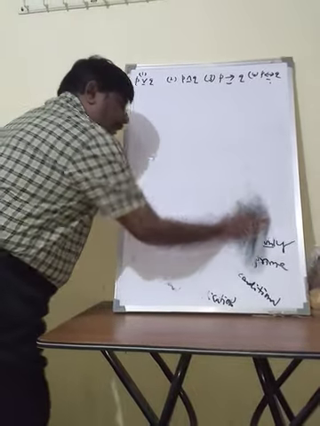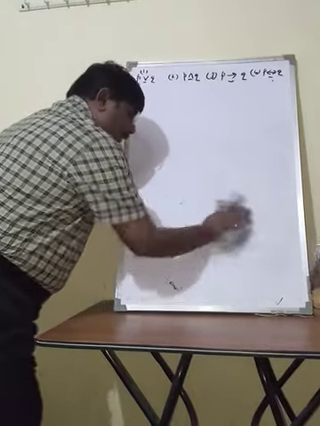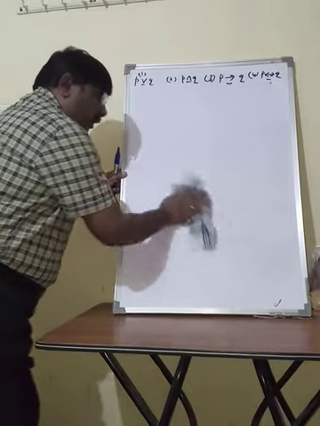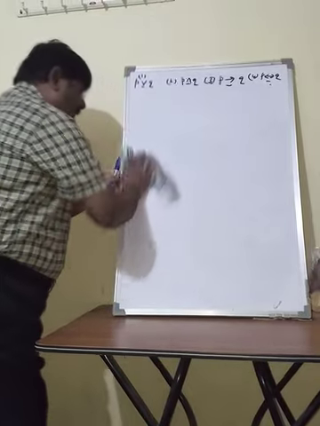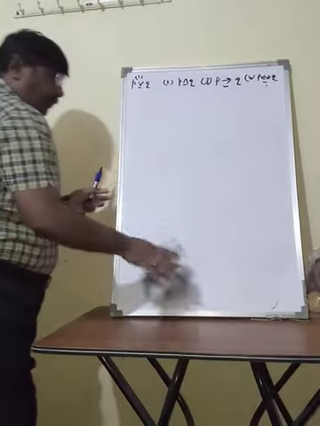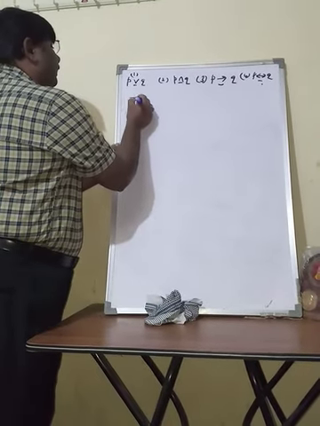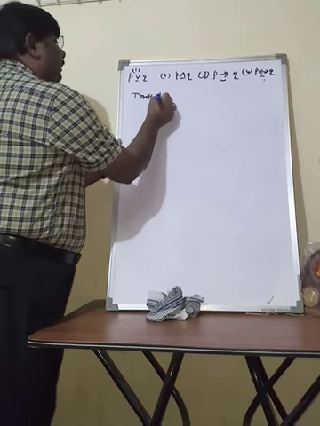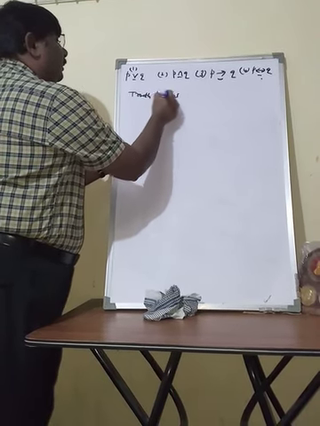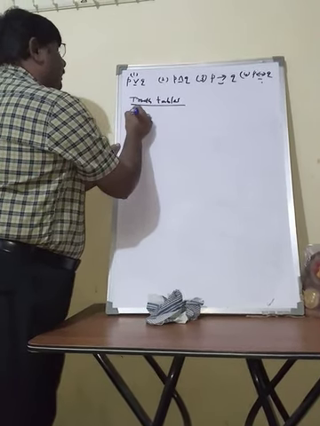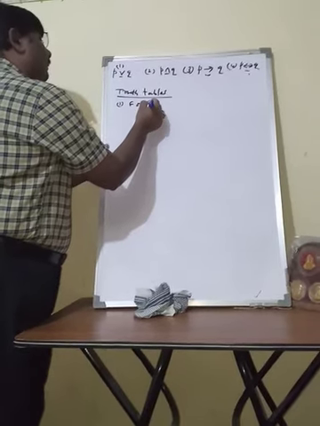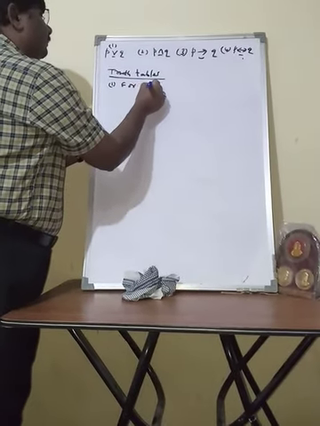These truth tables are very, very important to solve problems on mathematical reasoning or mathematical logic. First one, for disjunction.